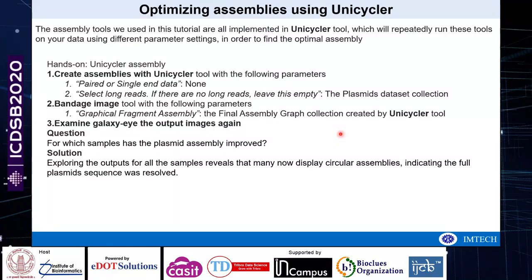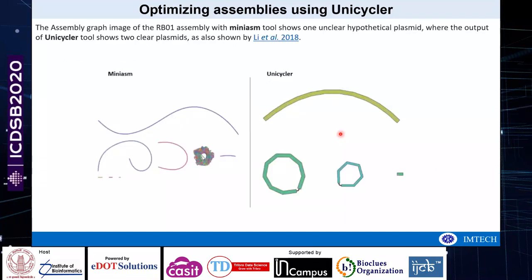It will repeatedly run these tools, like SPAdes or Velvet, on your data using different parameter settings, and you can set your settings according to your requirements. Then we give these inputs to Unicycler.